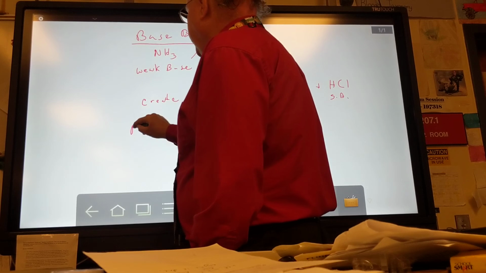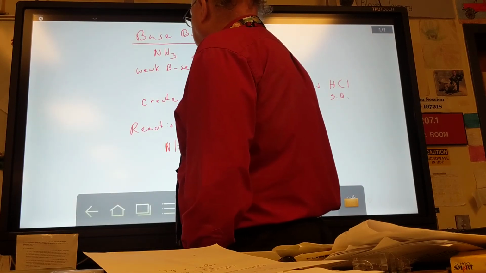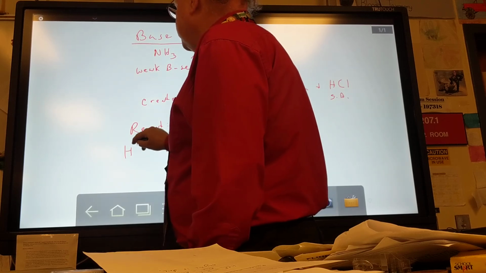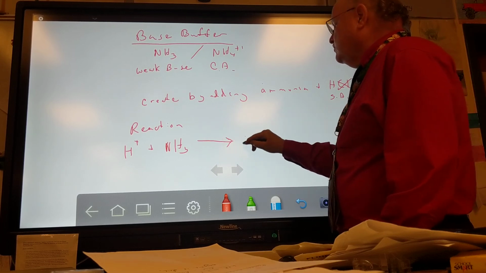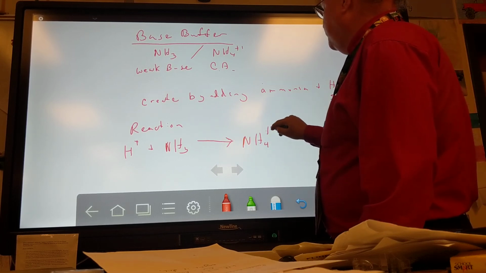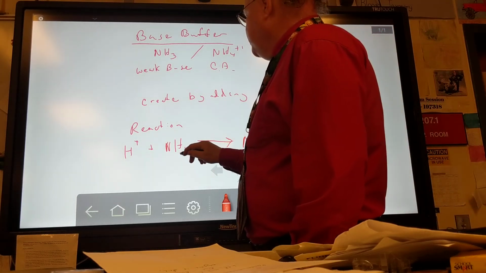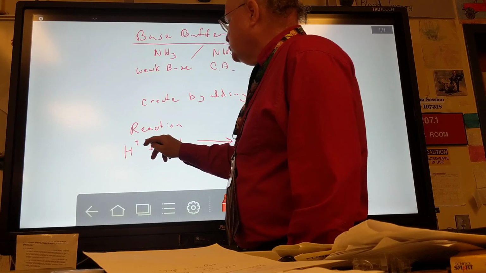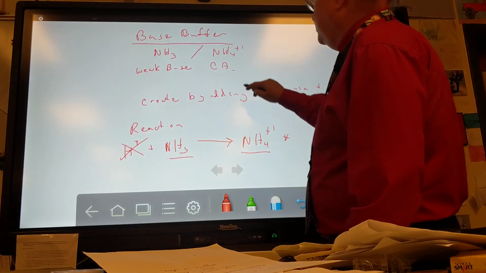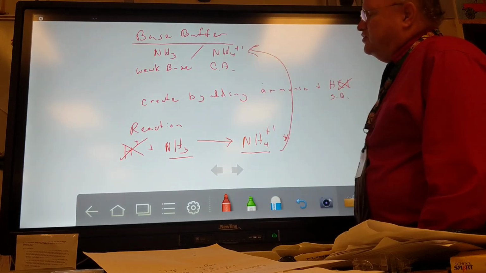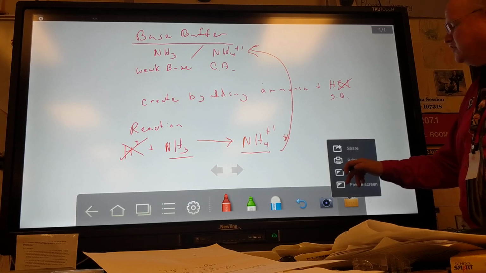So if I had a reaction here, take ammonia, react H plus, the chloride spectating, single arrow, it produces NH4 plus, that's it, okay. At the end of this reaction, if I did a BCA table, you wouldn't have any H plus, you would just have NH3 and ammonium, and that would be a basic buffer. All right, we'll do more on buffers when we do Henderson-Hasselbalch equation.